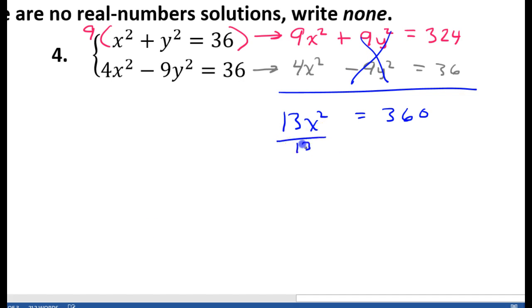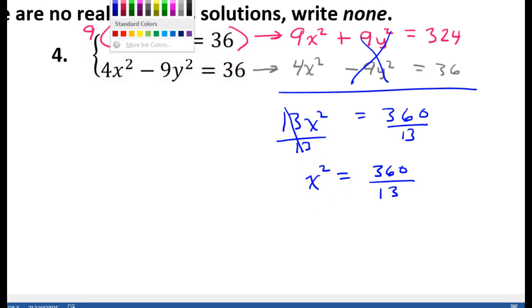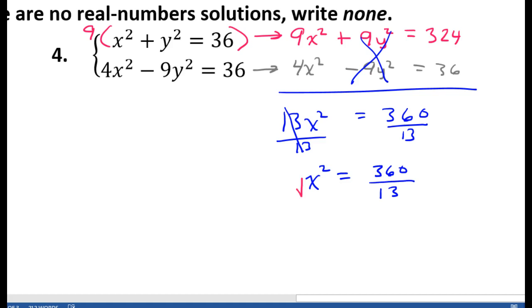Next, I should divide by 13. Now I am seeing really ugly numbers coming. Normally I try to get exact answers as much as possible, but I have a feeling we need to switch over to decimals at this point, because this is so ugly, and then later we have to substitute this back into the other equation.